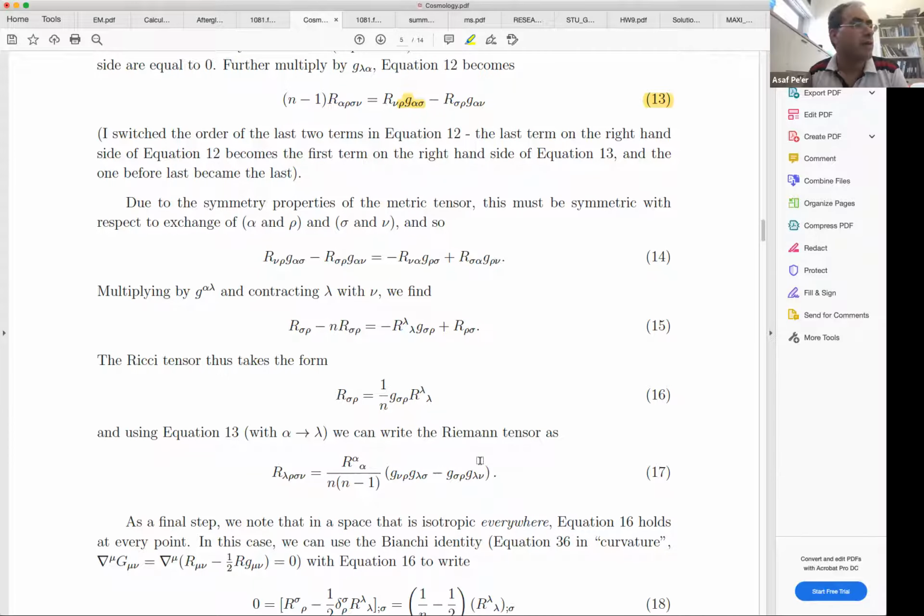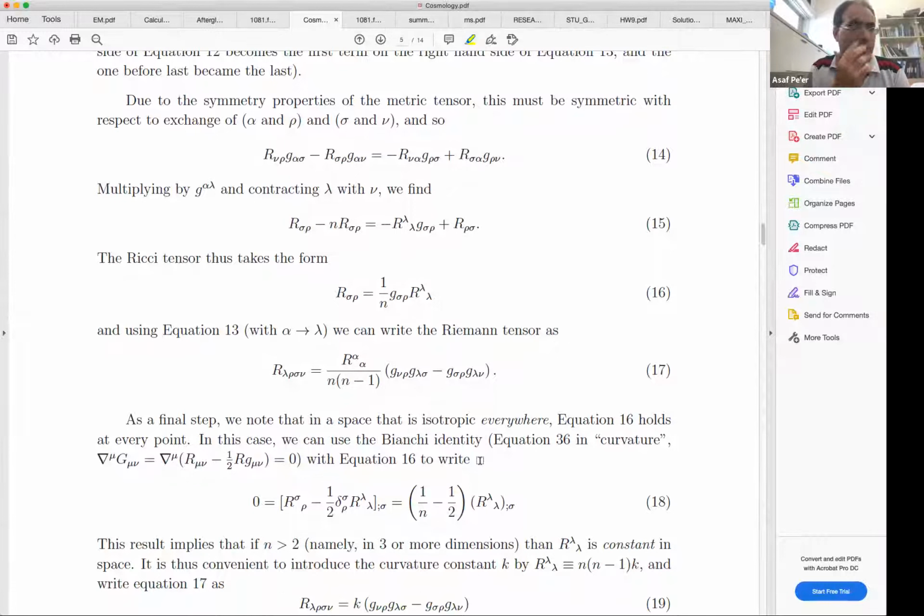Now, the last thing that I want to do, I told you there are like 10 equations, not too many, is to use the Bianchi identity, which we derived and is written here. Nabla mu of R mu nu minus 1/2 R G mu nu is equal to 0.